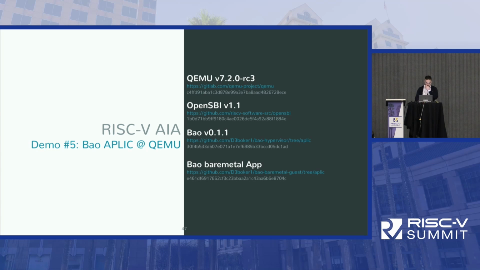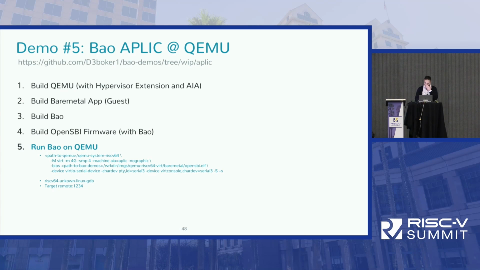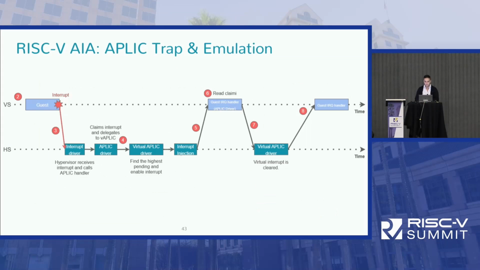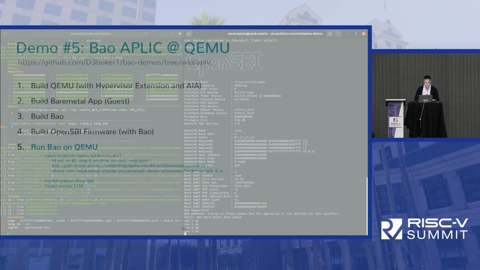And what I'm going to do is debug live so that you can understand the flow that I was referring to. So when you just have an APLIC-only system, what is the performance impact and the expected interrupt latency, because you don't have any sort of virtualization support.